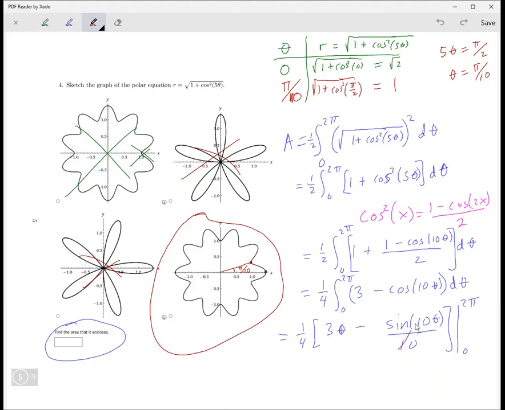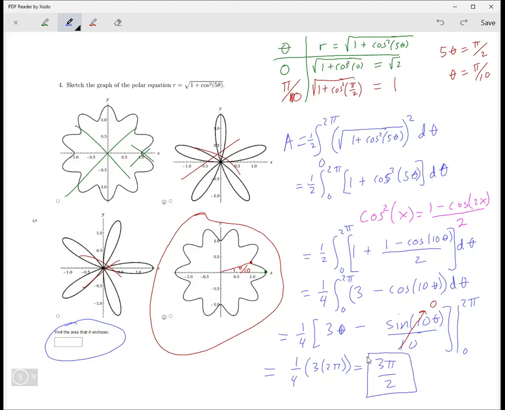And if you put a 0 in, you're also getting 0. So both limits are going to give you 0. And then if you put the 2 pi in, you get 2 pi there. If you put a 0, that's going to give you 0 also. So the answer is going to be 1/4 times 3 times 2 pi. So that's 3 pi over 2 for the answer.